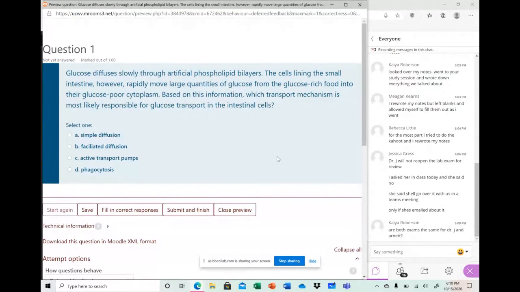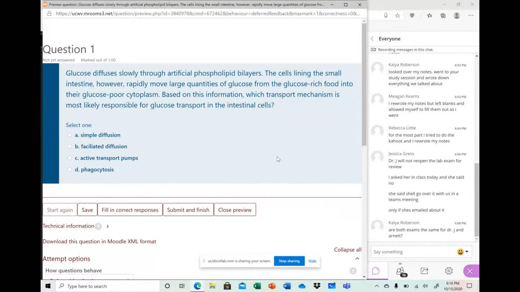We know phospholipid bilayers are in the cell membrane. The cells lining the small intestine, however, rapidly move large quantities of glucose from glucose-rich food into their glucose-poor cytoplasm. Based on this information, which transport mechanism is most likely responsible for glucose transport in the intestinal cells?